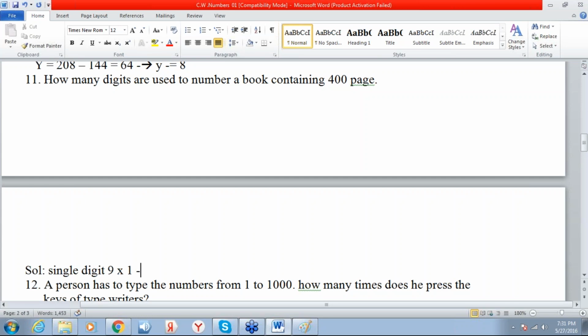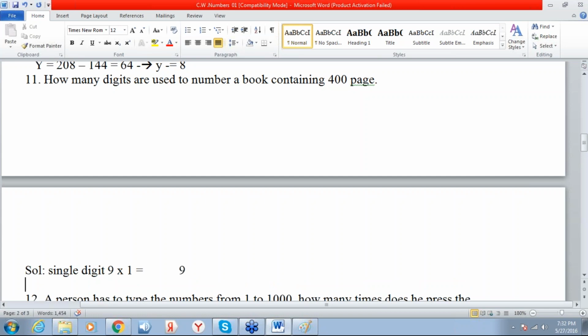Now two digits. Up to 9 there are 9 numbers.